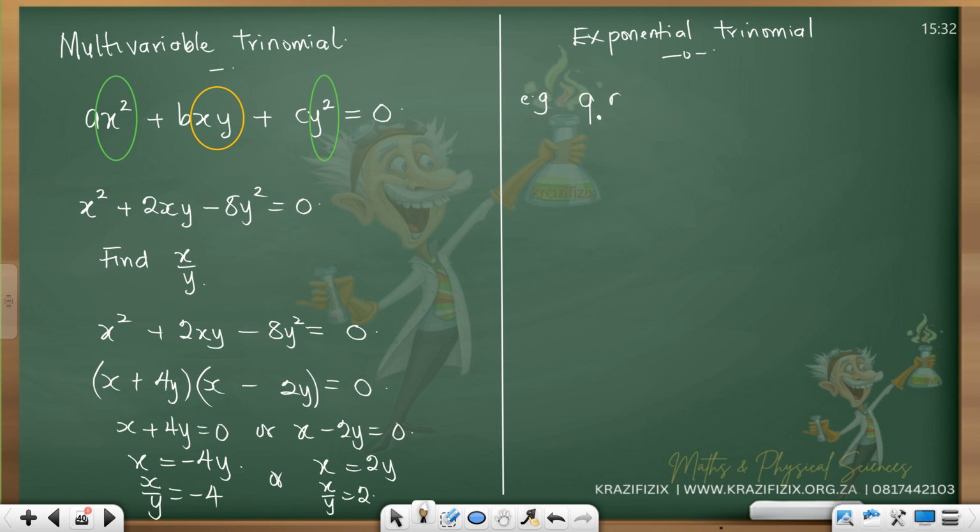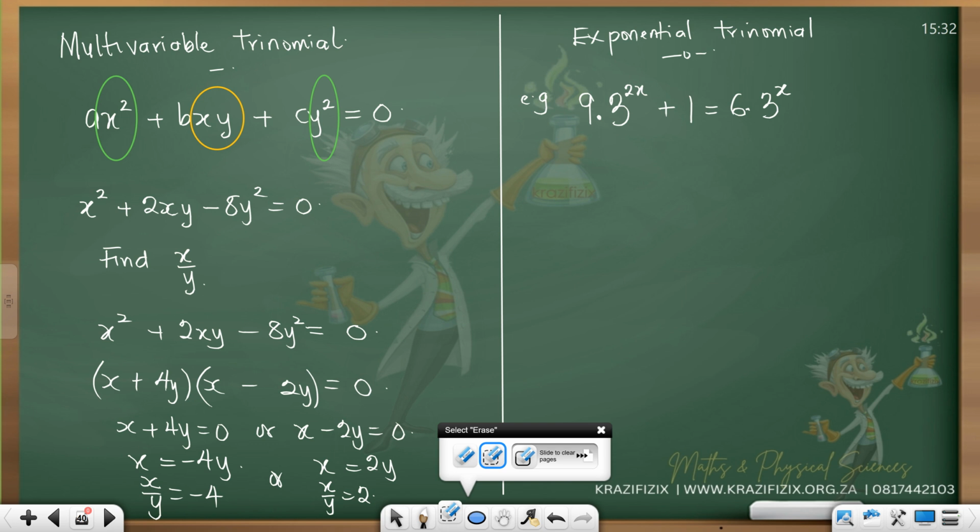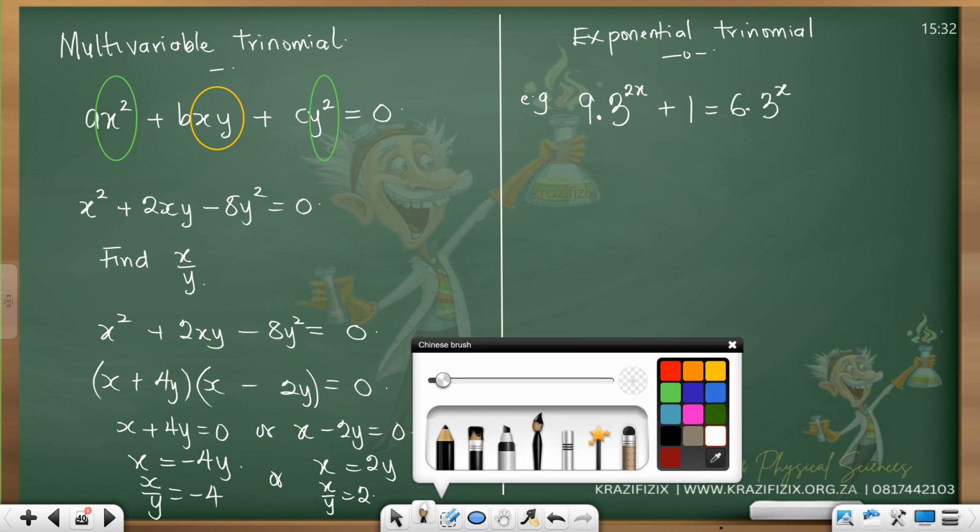9, all right, plus 1. How do I see that it's an exponential trinomial? Observe. With maths, you must learn to do a lot of observation.